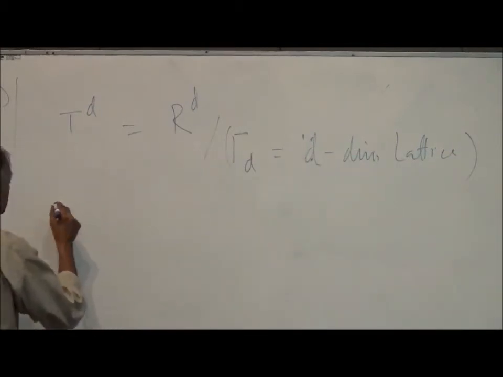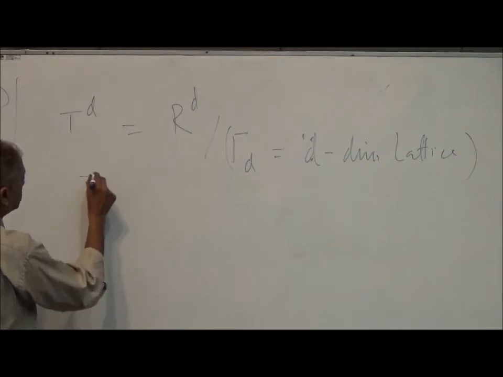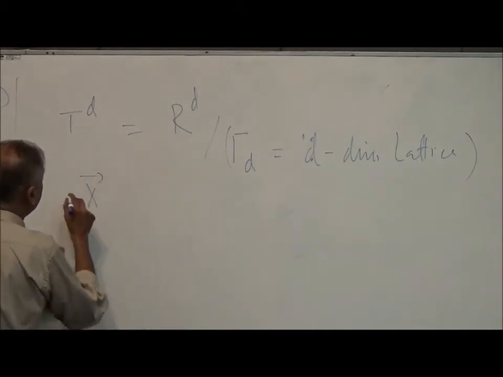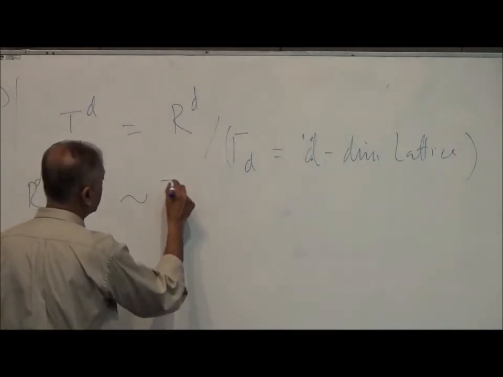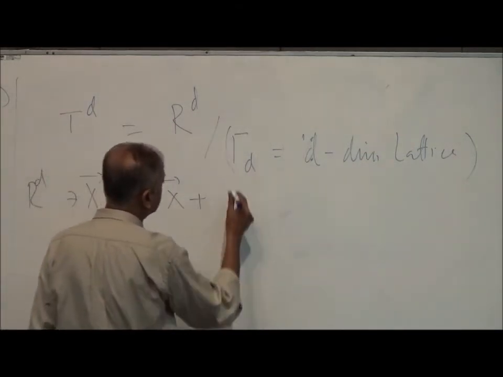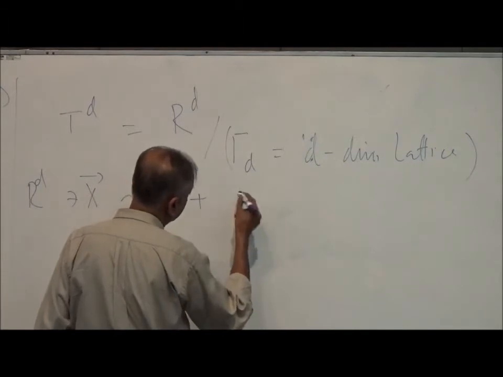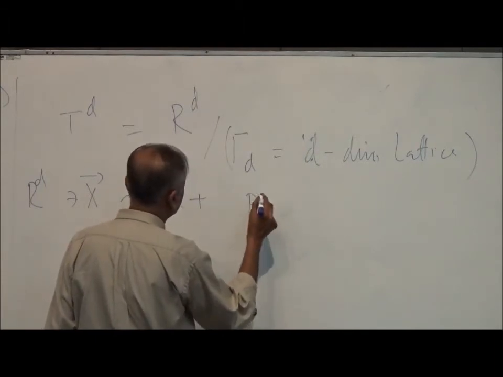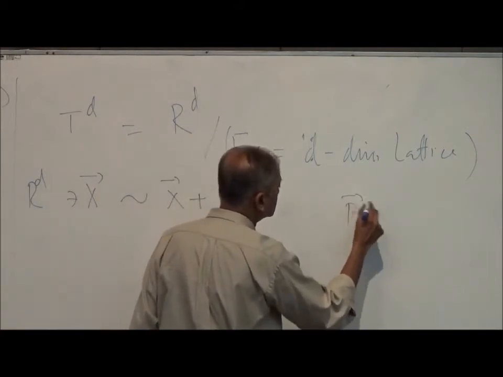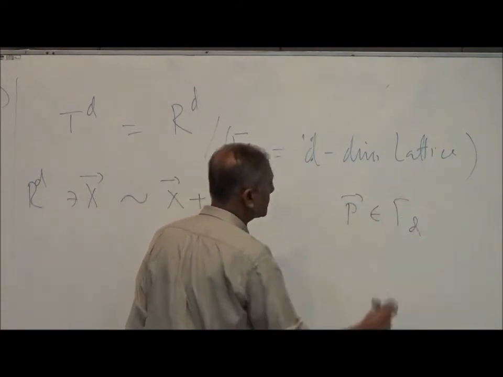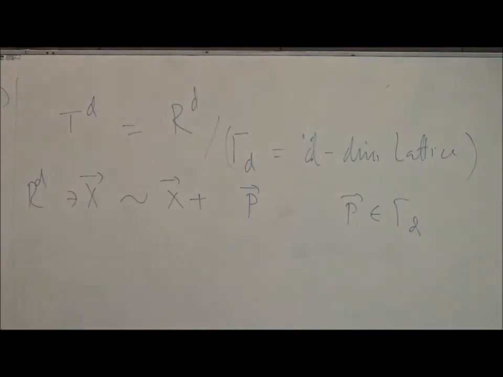Which means that some vector x belonging to R^d is identified with x plus some lattice vector p, where p belongs to the lattice. So you identify this way, and that way you get the d-dimensional torus, here a 16-dimensional torus.